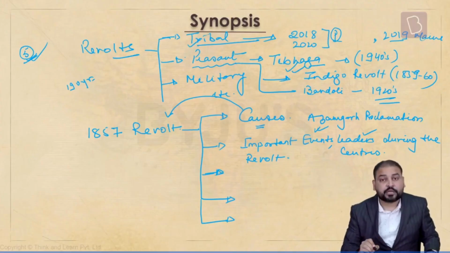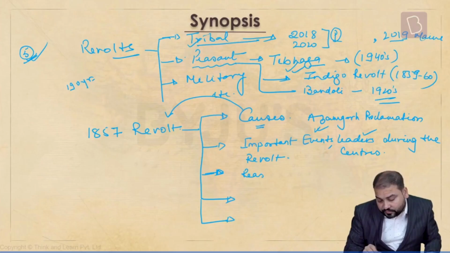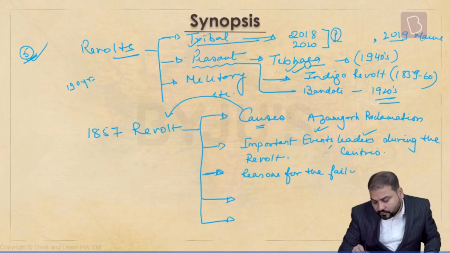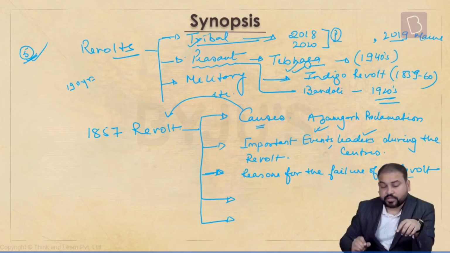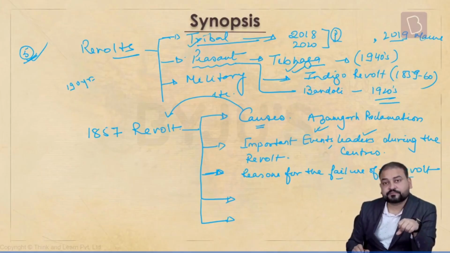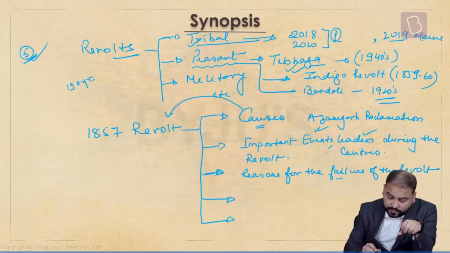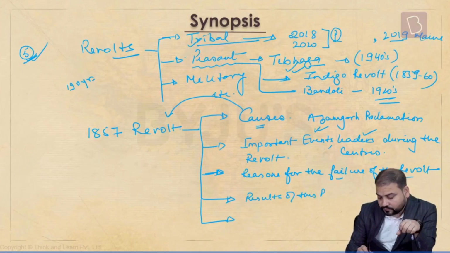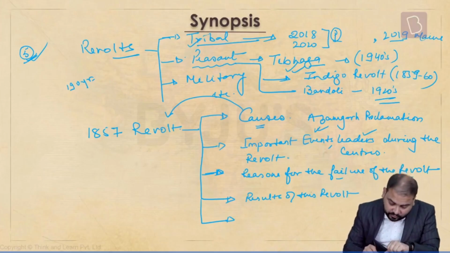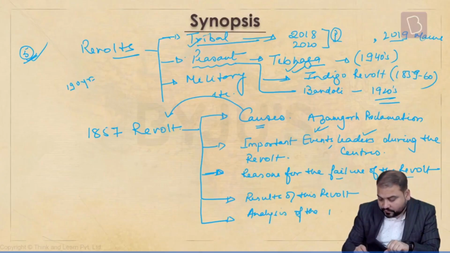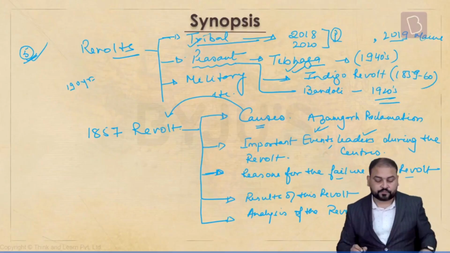Similarly, third, we'll look into the reasons for the failure of the revolt. Why did this revolt fail? We shall study that here. In the fourth part, we shall see the results of this revolt. And last part, we shall be doing an analysis of the revolt.